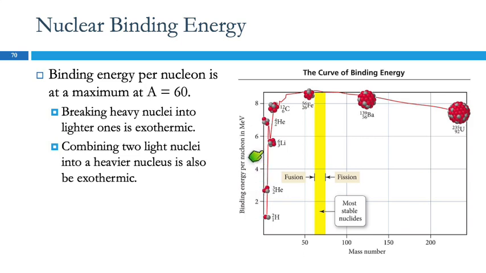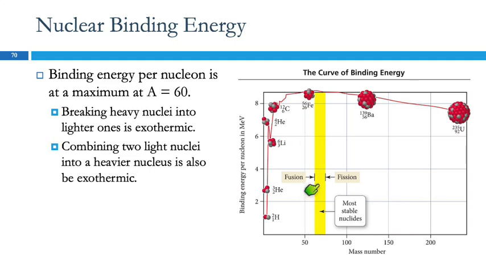And as we increase in mass number, the energy increases. And we've got a maximum here at iron 56. Well, it actually maximizes at 60, which is in here somewhere. So those would be the most stable nuclei.